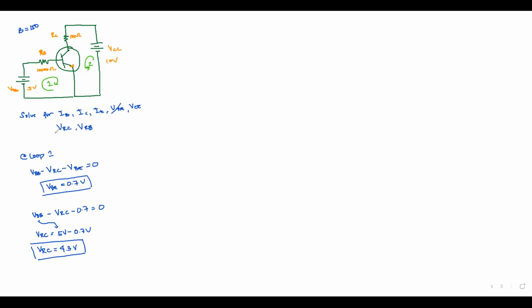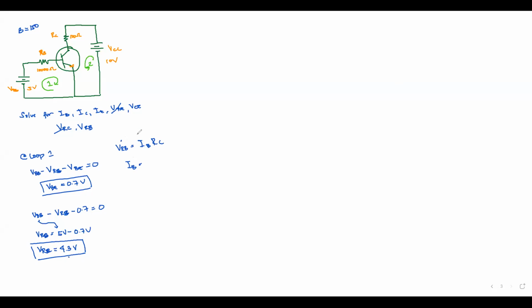Now, VRC, like we said, VRC is just equal to I sub C times R sub C. VRC, VRB pala. This is B, we are in B. So VRB is equal to I sub B R sub B. So I sub B here, we already have the value of the VRB.